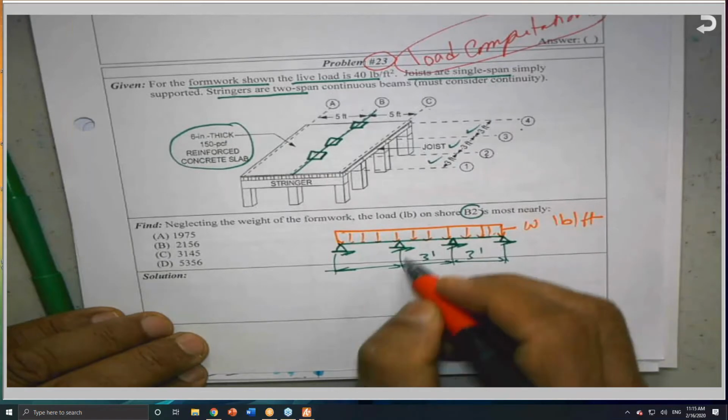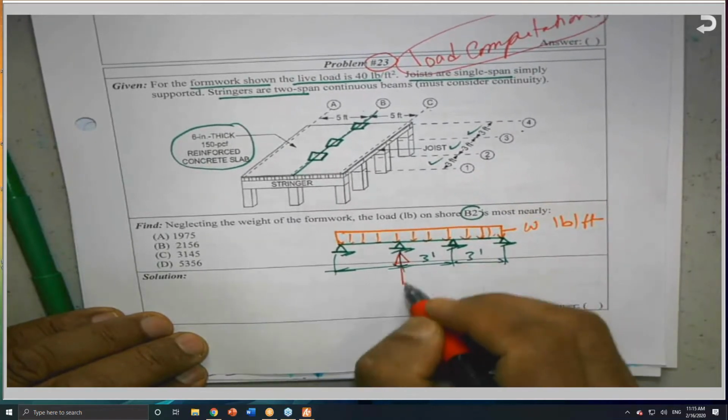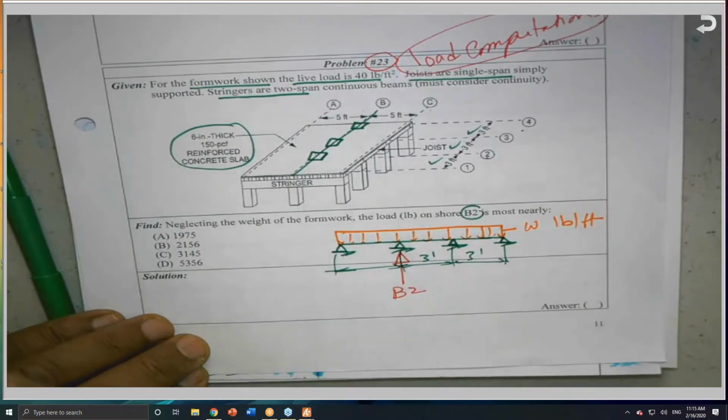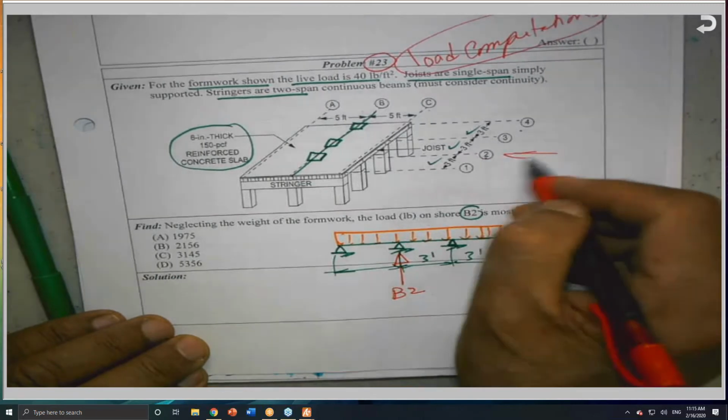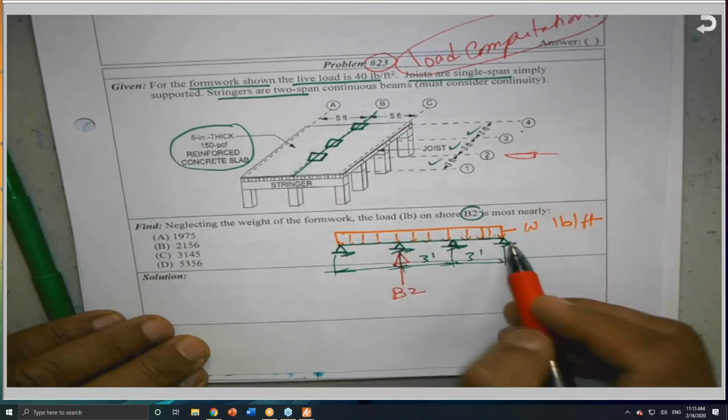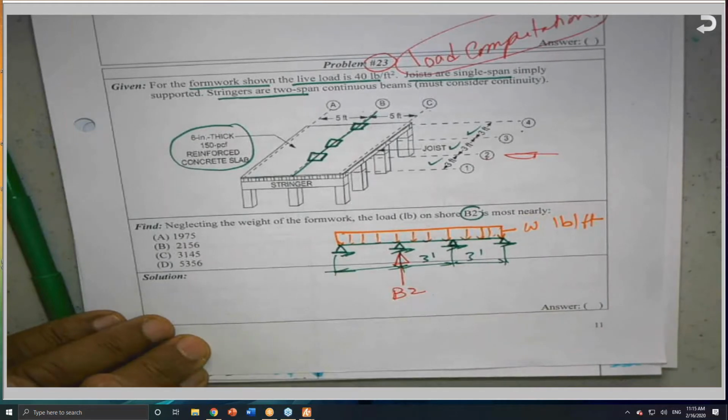So this column here. I need to find the reaction if this is B2. By looking this way, this and this will be identical, by the way. These two columns are identical, and the two outside columns are identical.